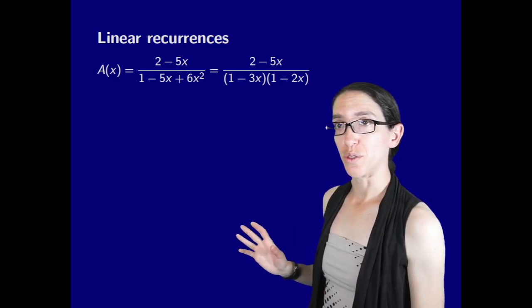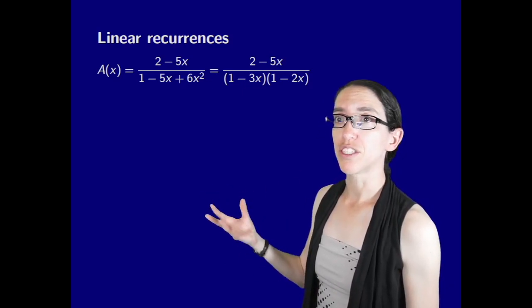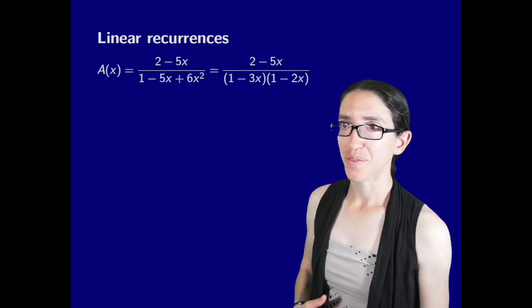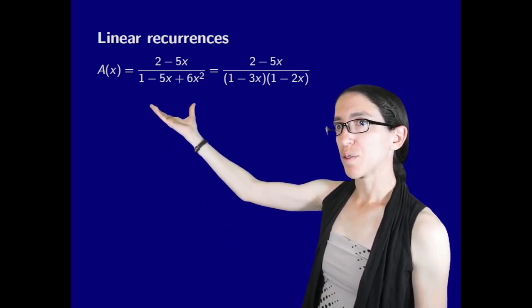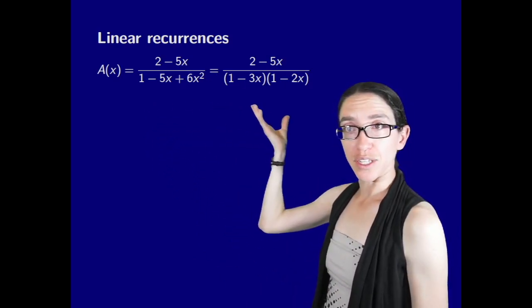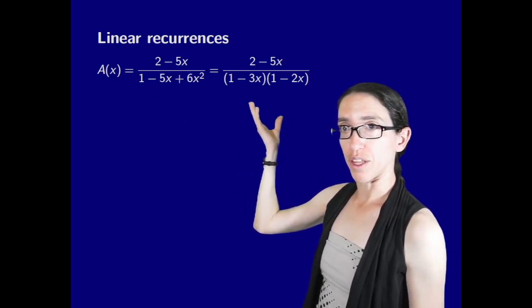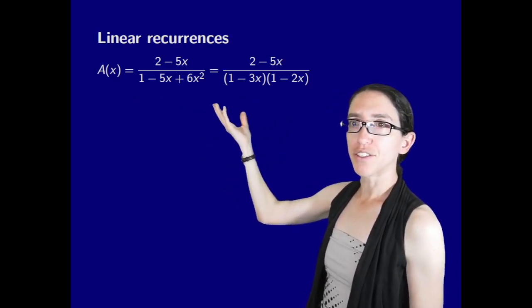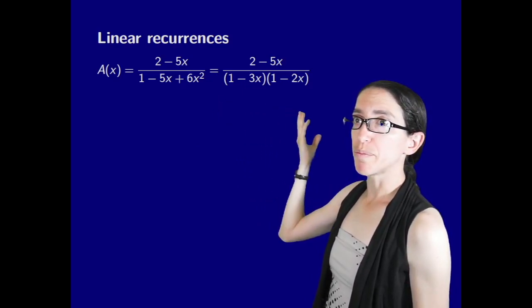Now let's use that closed formula to write the generating function in a different way to extract the coefficients to get an explicit formula. When we have a quadratic on the bottom, we can factor it using the roots of the opposite polynomial. Notice that 1 minus 5x plus 6x squared factors as (1 minus 3x) times (1 minus 2x).